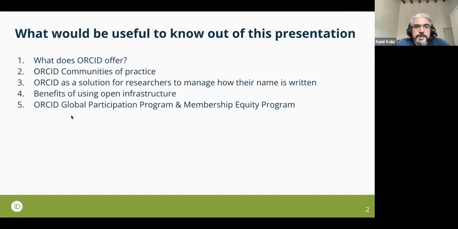The fifth point is about our latest program to reach out to low and lower middle income countries, called the Global Participation Program. Plus, we have a part of our membership dedicated to the membership equity program. I'm going to go through the different benefits of that program in that section.